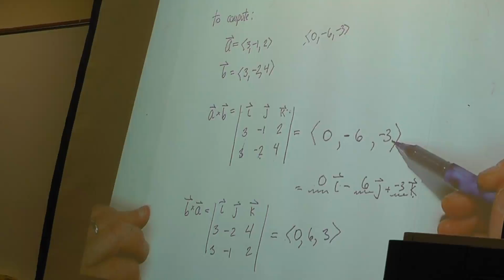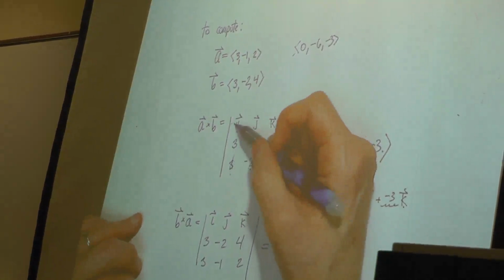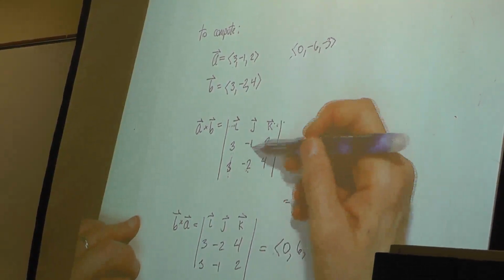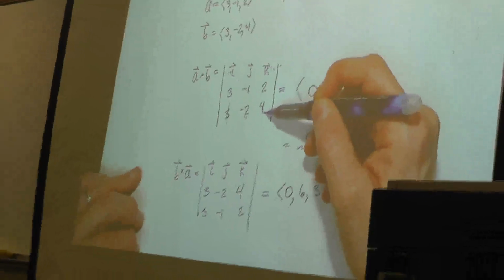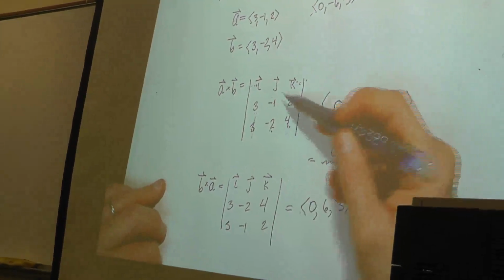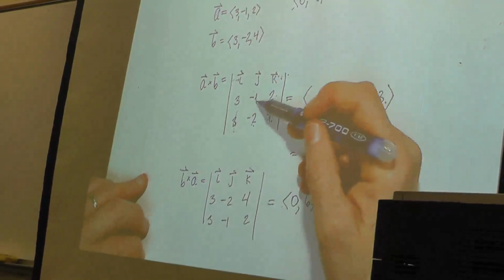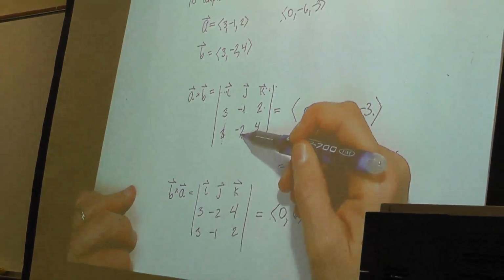One more time, how did you get the 0, -6, and -3? Wipe out the row and column for the I, and then compute the determinant of the remaining 2 by 2. So that's -1 times 4, minus a -4.